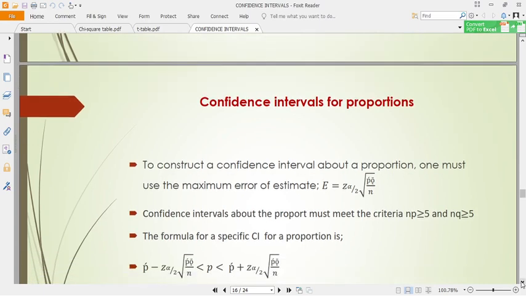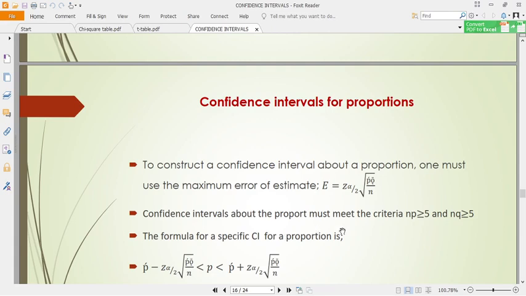To construct a confidence interval about a proportion, one must use the maximum error of estimate, which for this case is Z alpha over 2 times the square root of the proportion, the probability proportion, times the complement of the proportion over n.